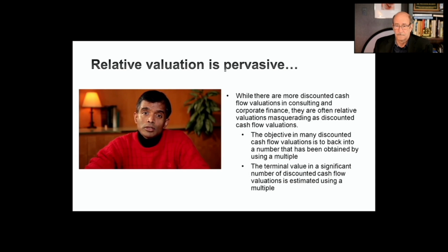So when I first ran this statistic, I was a little puzzled by my finding, and here's why. When I teach my valuation class at NYU, I always end every class with a question. And this is after everybody's valued their companies using multiple approaches, discounted cash flow valuation, relative valuation, whatever other approaches they might use. So I asked them at the end of the class, after they've tried these approaches, if they had to pick an approach, which one they would pick as their preferred valuation approach. In the 25 years I've taught the class, I get pretty much the same answer.